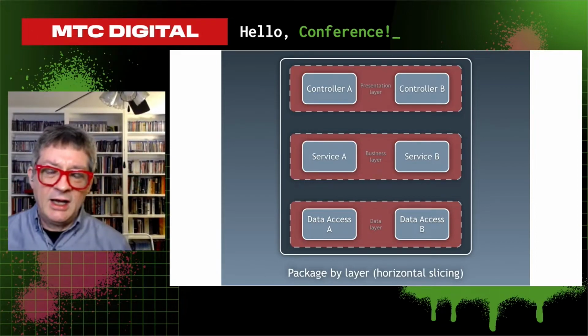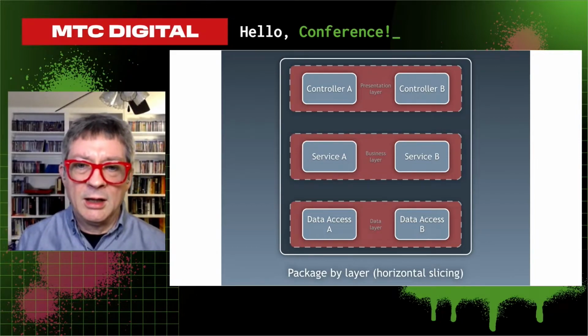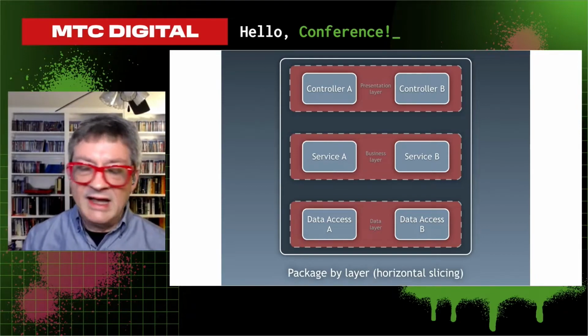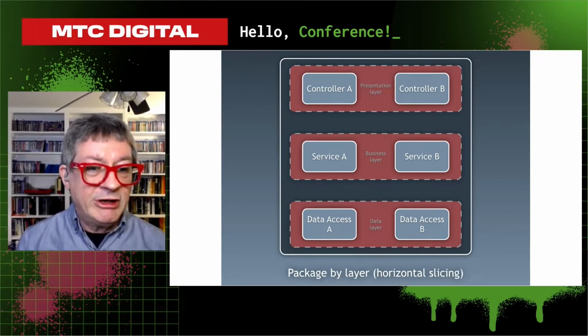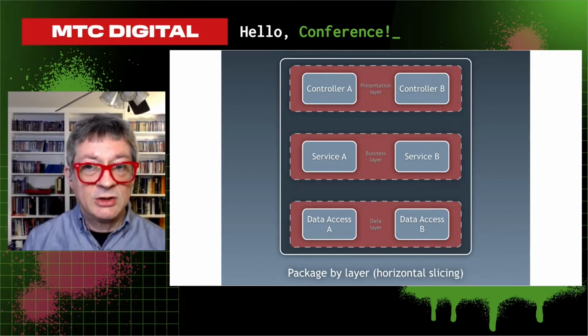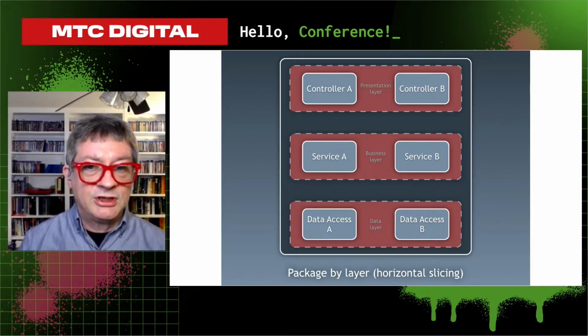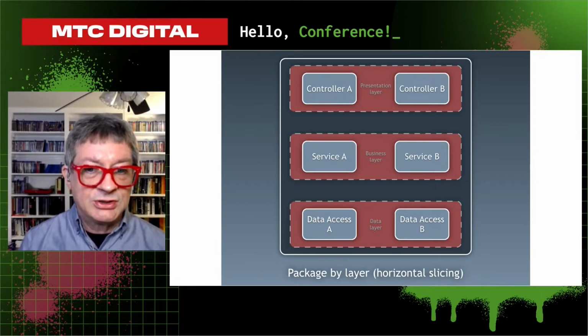Let's say that you've designed a layered architecture with a presentation layer, business layer, and data access layer. When you design this as an architect, there's a very good reason you design those layers. It's for separation of concerns. You want to make sure that changes in one layer don't accidentally ripple into and force changes in other layers.